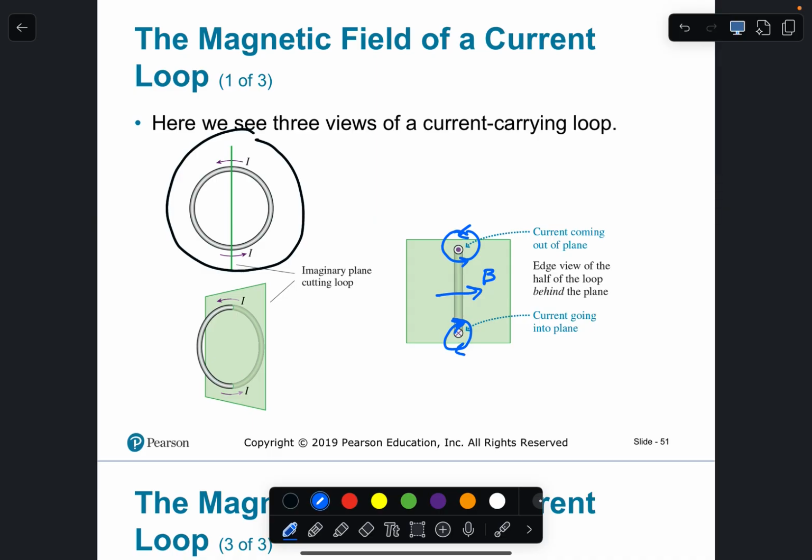When you get below the current, the B field is pointing to the right. When you're above the inside current, your B vector is pointing to the right as well. So in the middle, you're going to have all the vectors pointing to the right. Let me make it a little bit cleaner. Okay? You have a bunch of these, right?